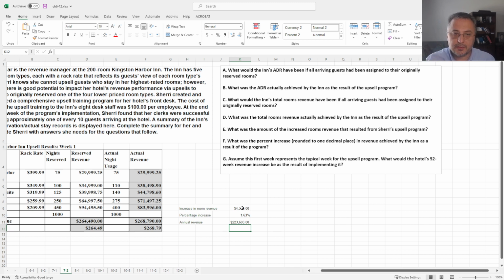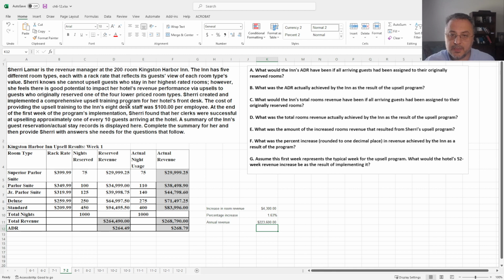We spent about $800, right? Because there are 8 desk staff at $100 per employee. Because of the simple training program, it might not always work this perfectly, but it generates an additional $4,300 a week and almost $223,000 a yearly increase in revenue.